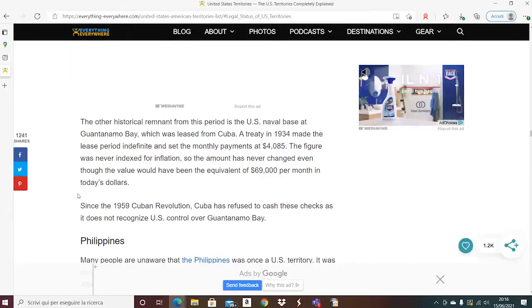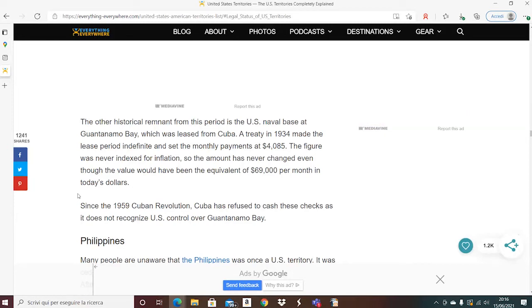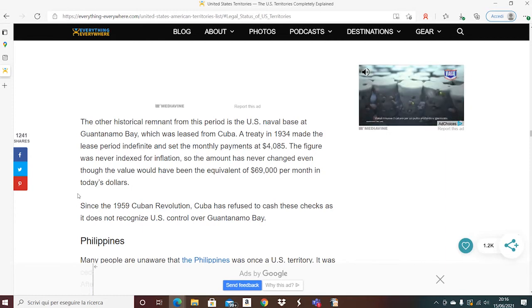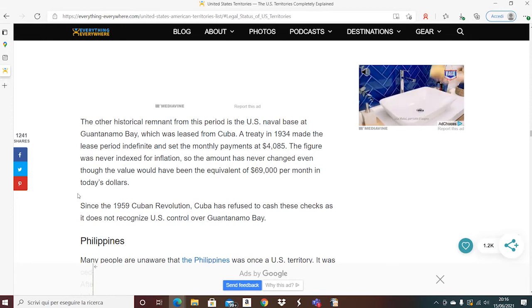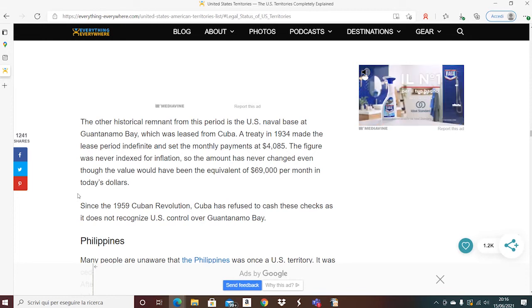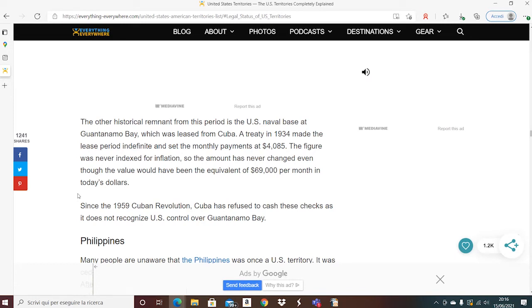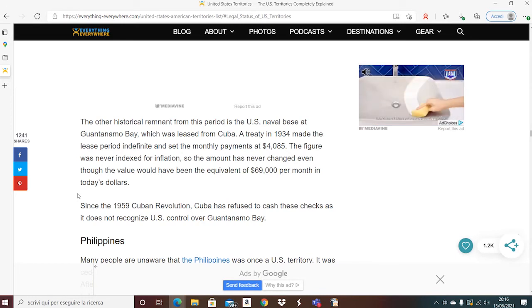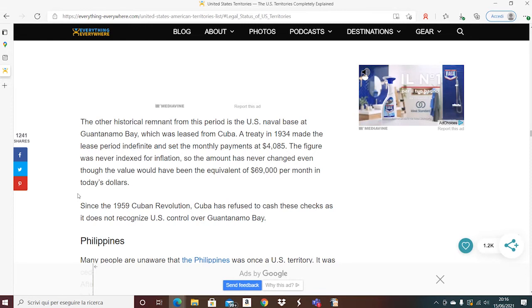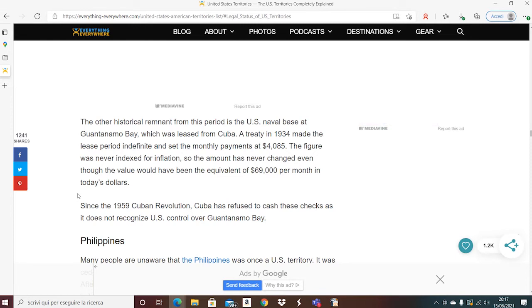The figure was never indexed for inflation, so the amount has never changed, even though the value would have been the equivalent of 69,000 per month in today's dollars. Since the 1959 Cuban Revolution, Cuba has refused to cash the checks as it does not recognize US control over Guantanamo Bay.